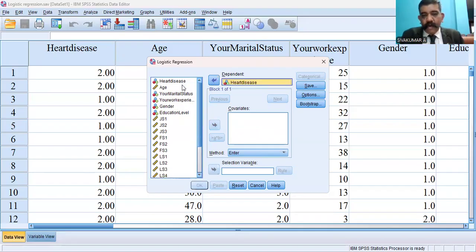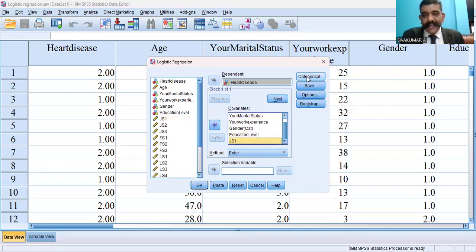Then covariates, that is the independent variables: age. You can enter any variable, no problem. Work experience, gender, education level, then job satisfaction also, no problem.